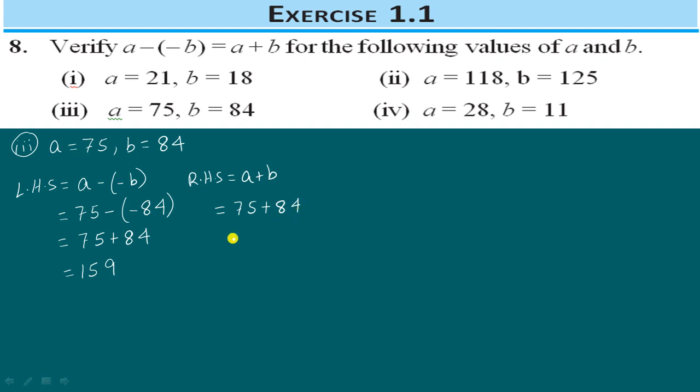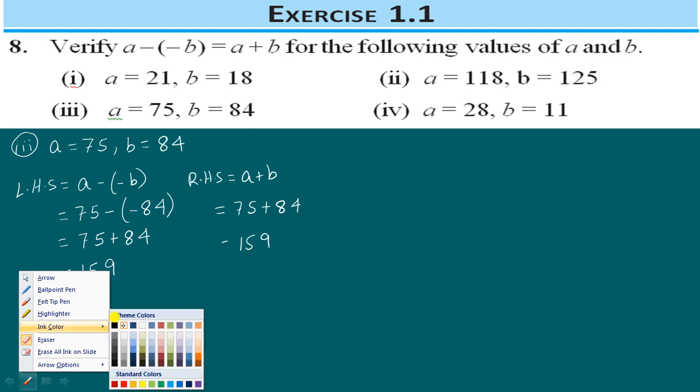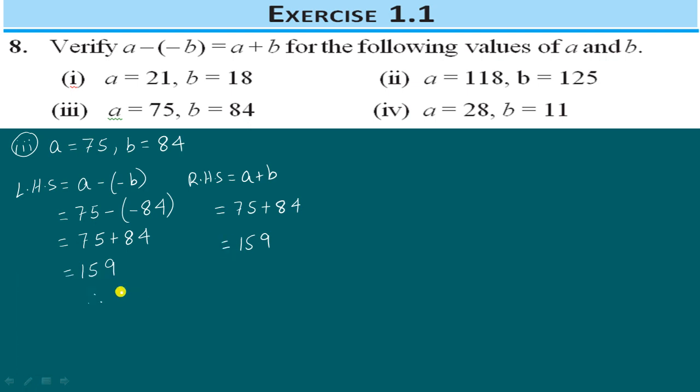We add again, 5 plus 4 is 9, 8 plus 7 is 15, 159. Therefore we are getting that left hand side is equal to right hand side. Hence verified.